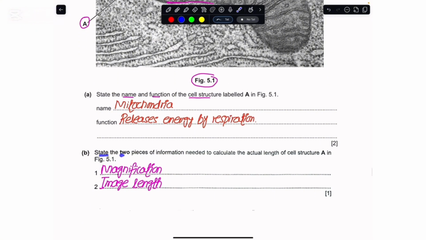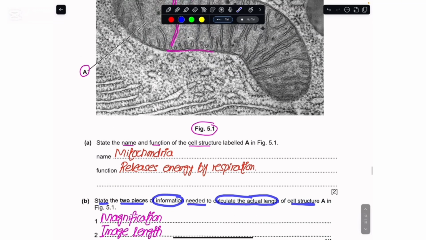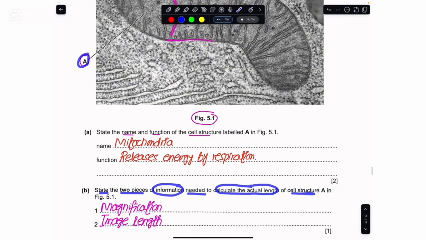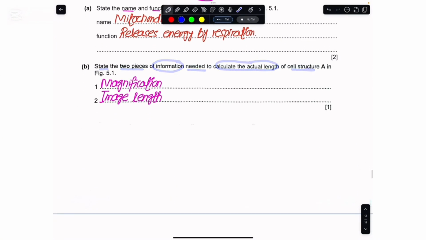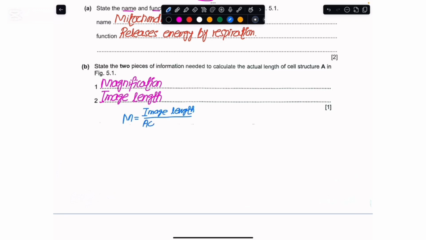They say state the two pieces of information that are needed to calculate the actual length of the cell structure, which is labeled as A. Now, you may have learned at some point that if we are required to calculate the magnification, this is equivalent to the image length divided by the actual length.